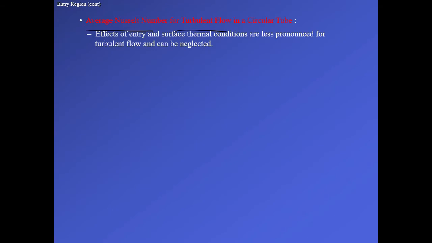The next one is the average Nusselt number for turbulent flow. In this situation, the effects of entry and surface thermal conditions are much less pronounced, so we can neglect them. For long tubes where the length to diameter ratio is greater than 60, we can assume that the average Nusselt number is the same as the local Nusselt number.